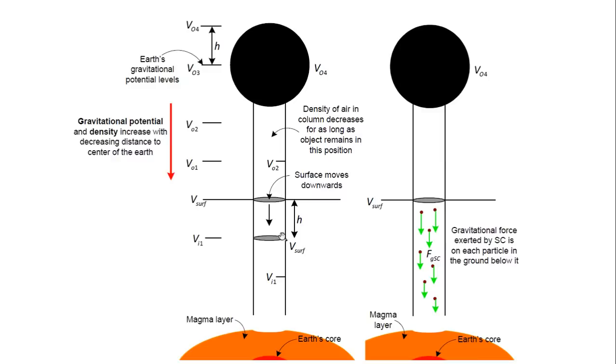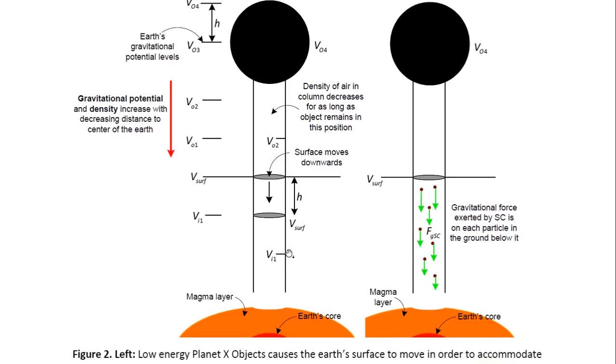And that means that now in this column, all the energy levels have changed. Now, instead of this being VO1, it's now VO2. And this one will be the one above that. And the levels below ground have also changed. So this level here that was below ground, which is higher than V surface, has moved down to there.